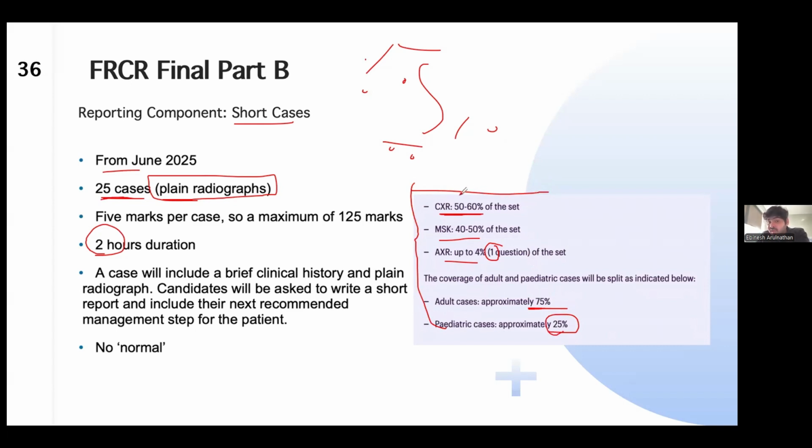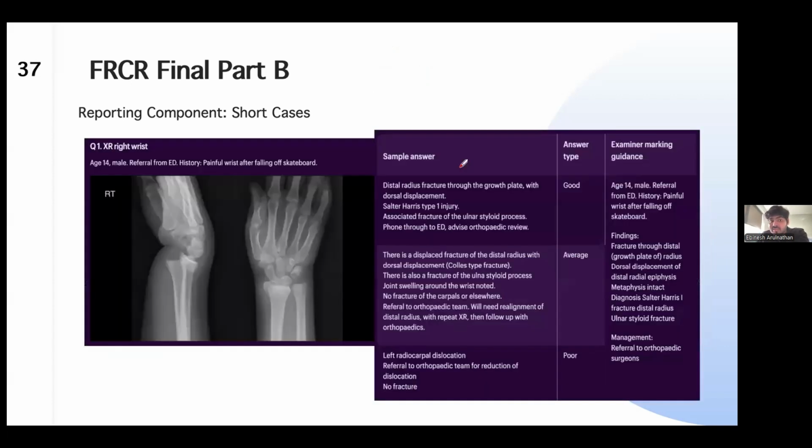So this is again something that many Indians suffer. Long cases, Indians don't suffer because they have been exposed to a lot of people from residents or radiologists from India. Most of them have exposure to a wide variety and spectrum of cases. So they usually suffer with the viva and short cases because X-rays are not routinely reported.